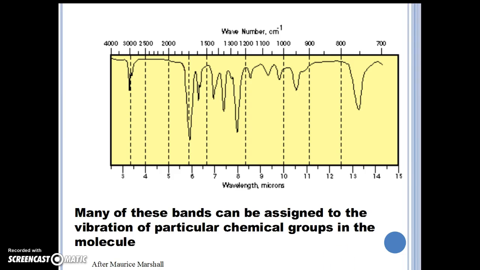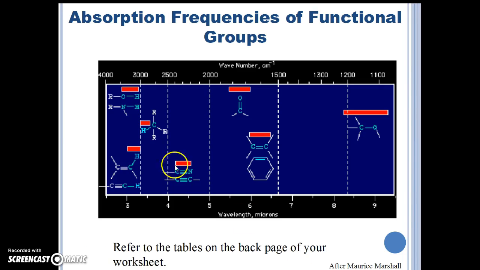Now, we're going to assign bands to the vibration of particular functional groups in molecules. So, for instance, if you have an alcoholic group, we're going to get absorption here between 3,000 and 4,000 reciprocal centimeters.